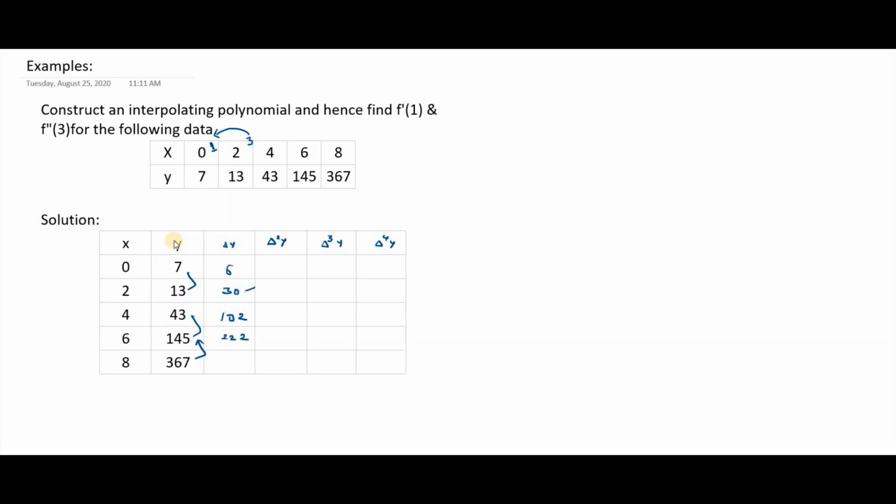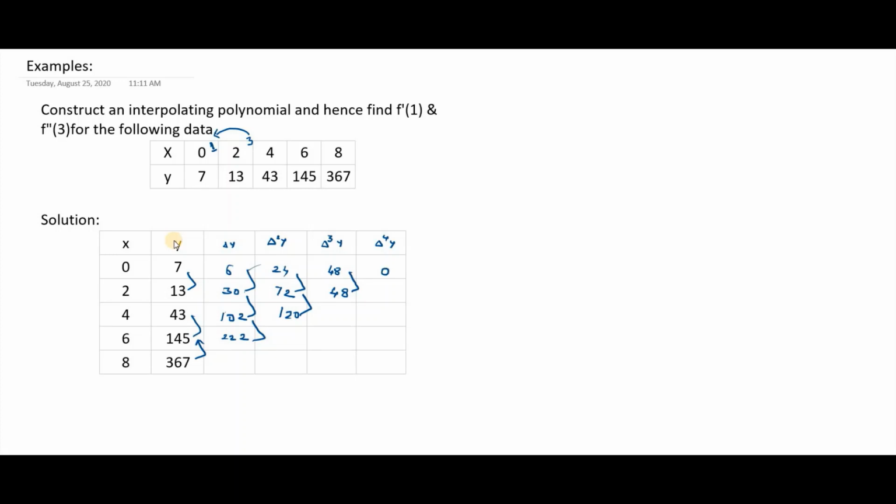Similarly, 30 minus 6 is equal to 24. 102 minus 30 is equal to 72, and 222 minus 102 is equal to 120. Next, 72 minus 24 is equal to 48. 120 minus 72 is also equal to 48, and at last 48 minus 48 is equal to 0.